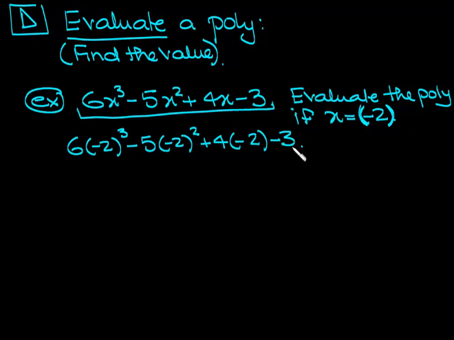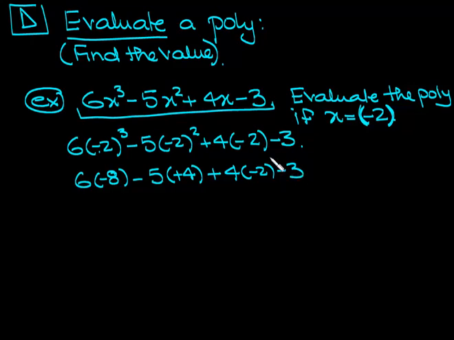So we always do the exponents first. Negative 2 cubed, negative 2 times negative 2 times negative 2, is negative 8, minus 5 times (-2) squared, negative 2 times negative 2 is positive 4, plus 4 times negative 2 minus 3. I took care of my exponents.